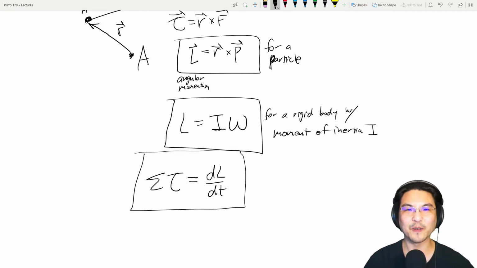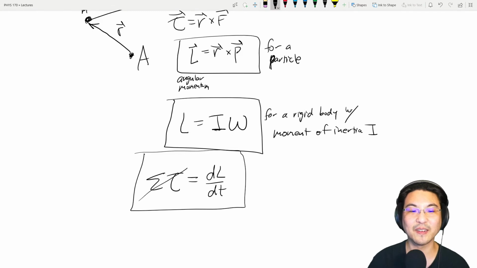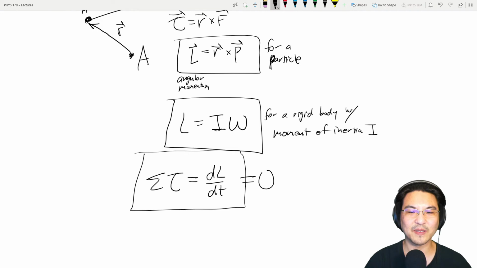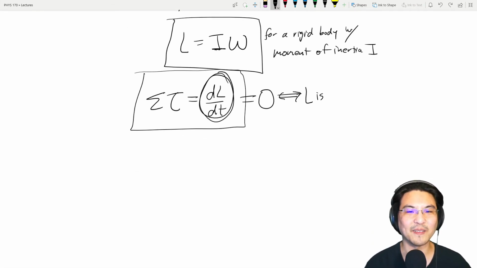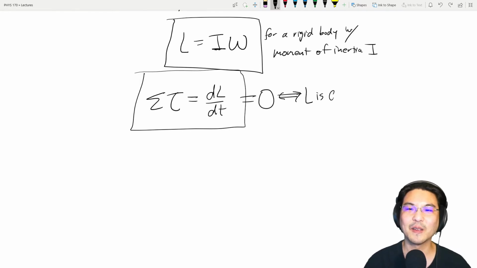And if you have no net torque, if that's zero, that's the same thing as saying L is constant. If the time derivative of something is zero, then that something is constant. Or another way to say it is conserved.